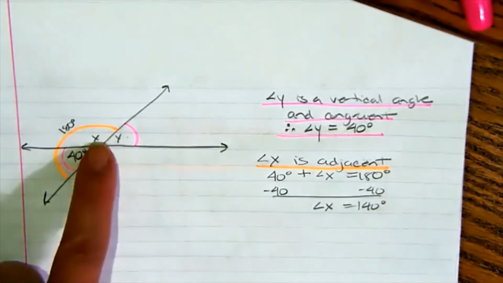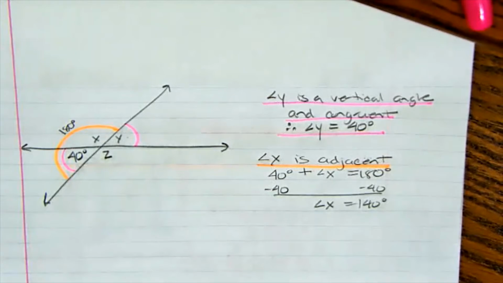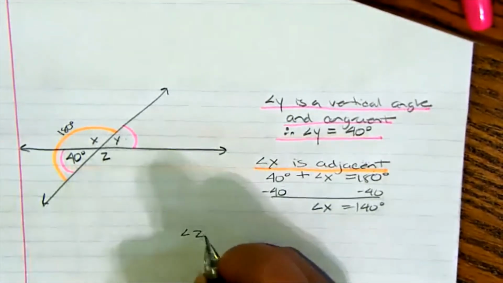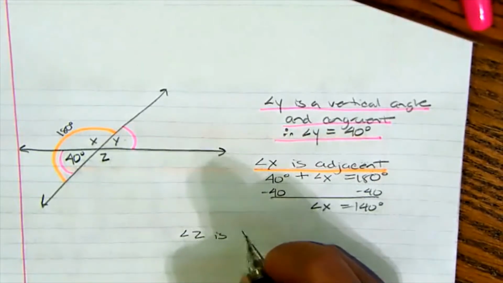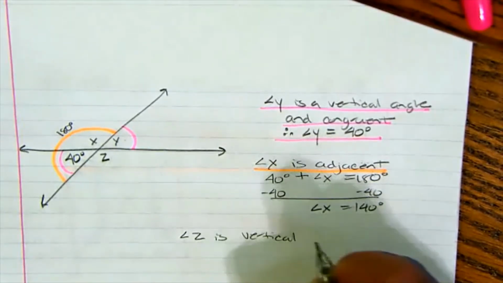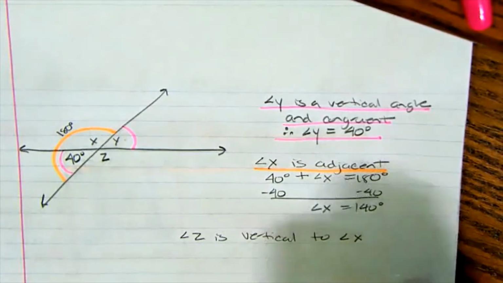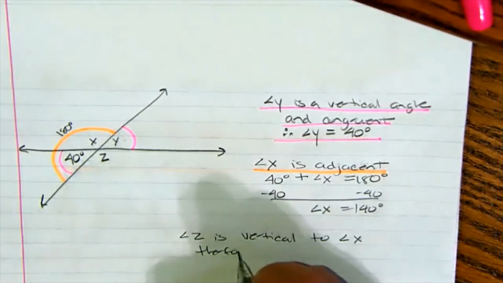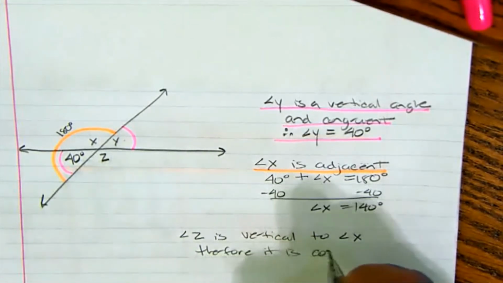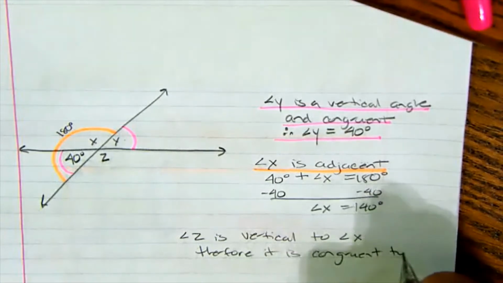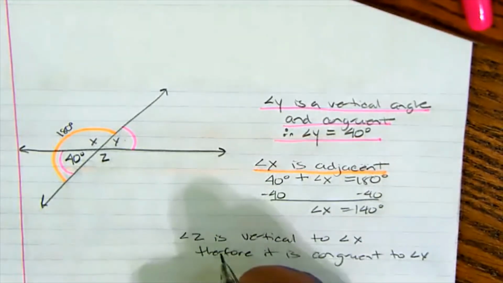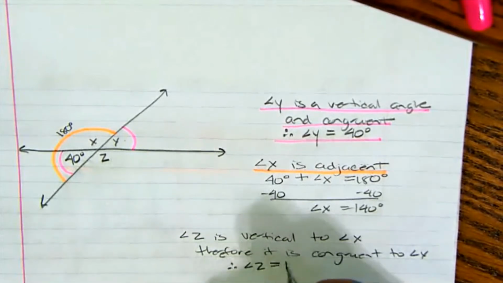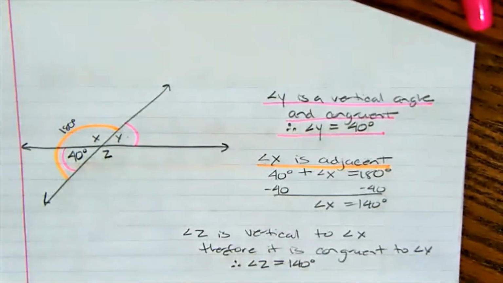Angle Z is vertical to angle X. Therefore, it's congruent to angle X. Therefore, angle Z is equal to 140 degrees.